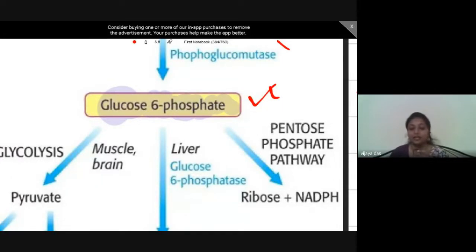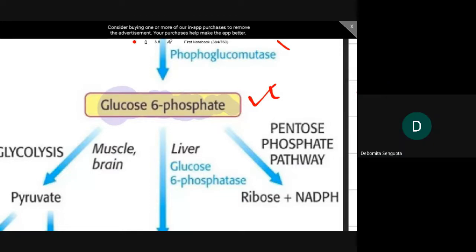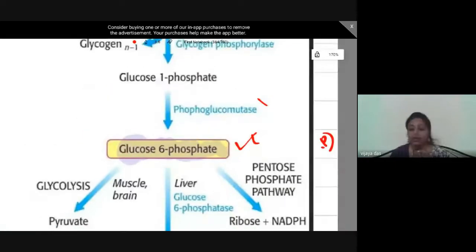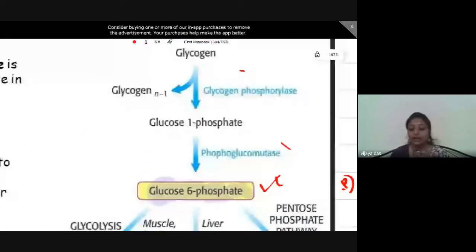You remember the second step of glycolysis, where glucose gets converted into glucose 6 phosphate. And I told you that this glucose 6 phosphate can relate to different processes. We know that glycogen is a polymer of glucose, right?